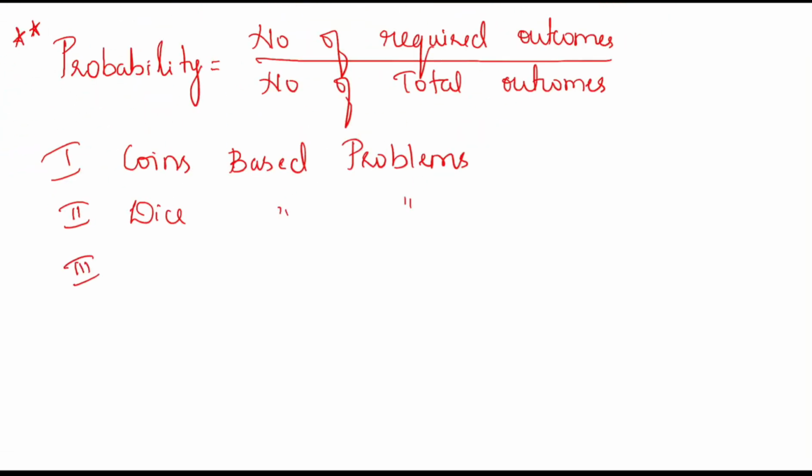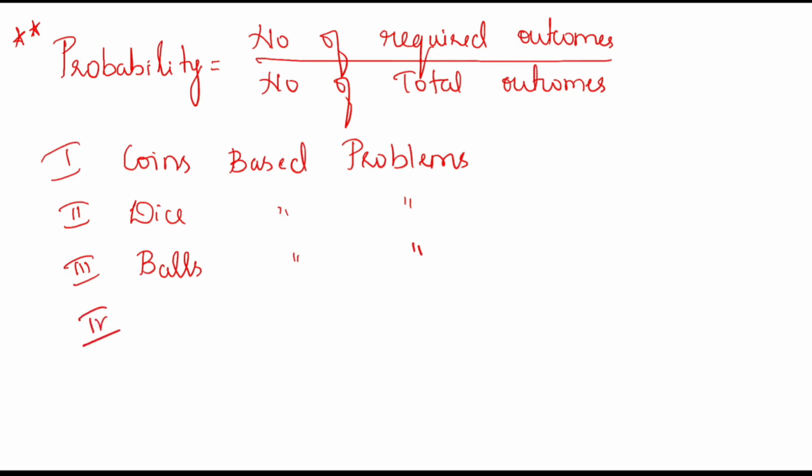Next we have balls based problems. Balls means different color balls will be there in a box. For example, if there are some black balls, some red balls, some yellow balls in a box, what is the probability of getting 4 black balls and 3 red balls? Those are balls based problems.